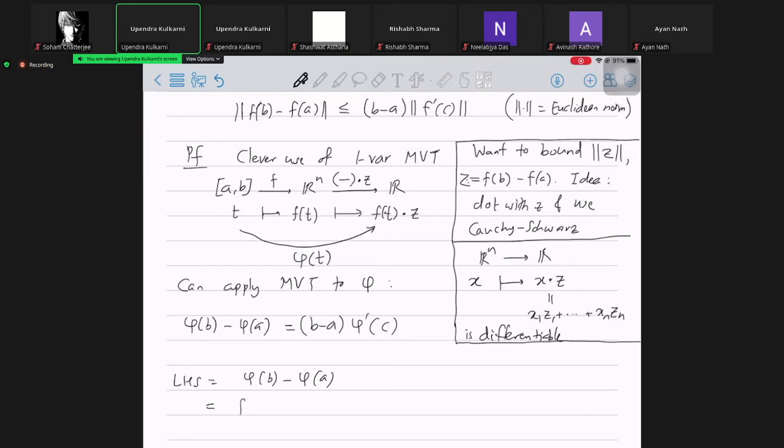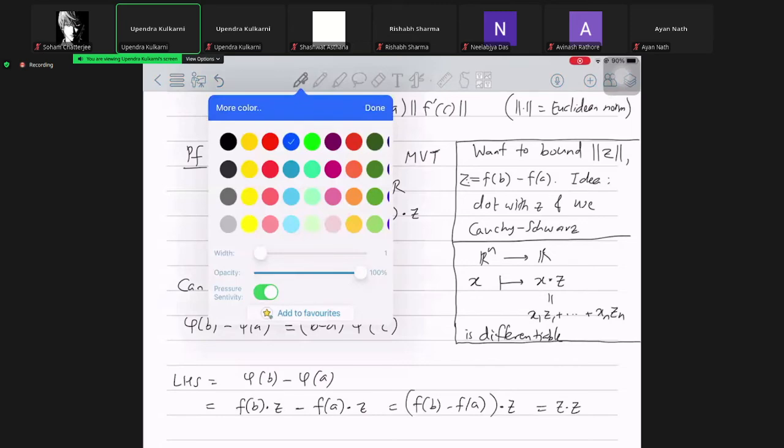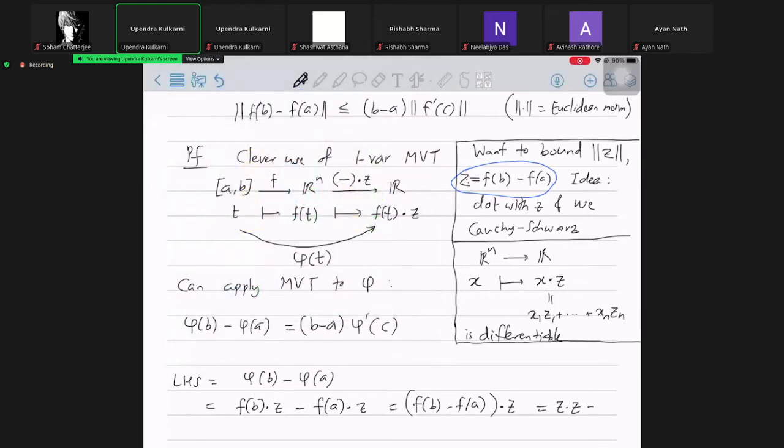So f of b dot z minus f of a dot z. But what is that? That is f of b minus f of a dotted with z, which is the same thing as z dot z. Remember, that's what z was. It was the difference between the two, right? So let me put that in a circle here. That is the norm of z, the whole square, and things really start looking good now, right?